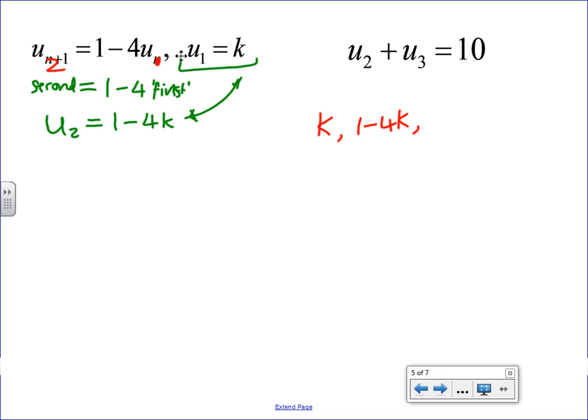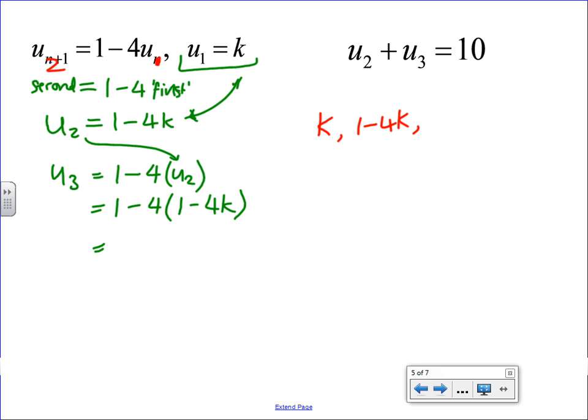What about the next one? u3 is 1 minus 4 lots of u2. That's what that first one says, isn't it? And we just found u2, so that goes in there. So that's 1 minus 4 lots of 1 minus 4k, which is 1 minus 4, minus times minus plus 16k, which is minus 3 plus 16k. So the third term is minus 3 plus 16k.